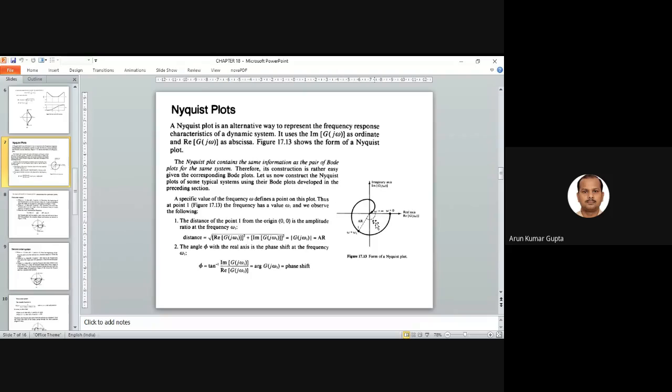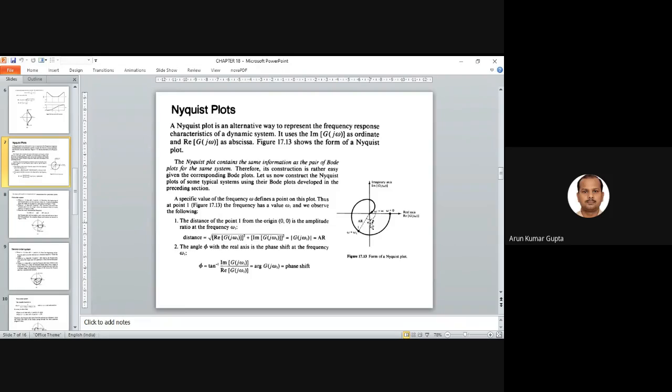So this is the clockwise direction, right? Generally, we measure the angle anti-clockwise, but in the Nyquist plot, we measure the angle clockwise. So phi is the angle. There is one more reason: there is always a minus sign, so phi is negative, and that's why it is clockwise.